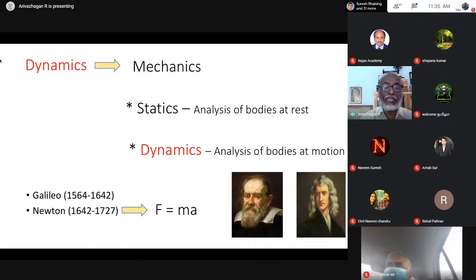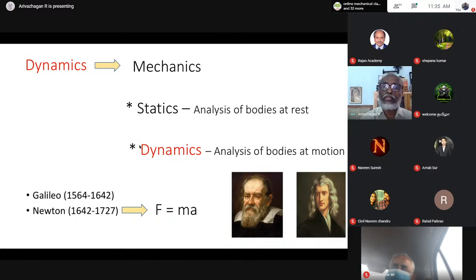The mechanics of a rigid body is divided into statics and dynamics. Statics deals with the body at rest. In statics, the response of the object due to applied forces is only a tendency to move, but dynamics deals with the analysis of bodies in motion.